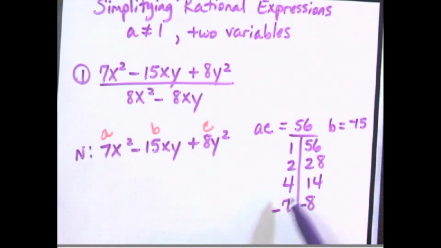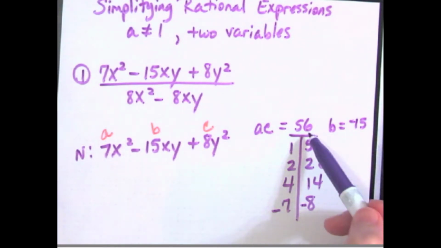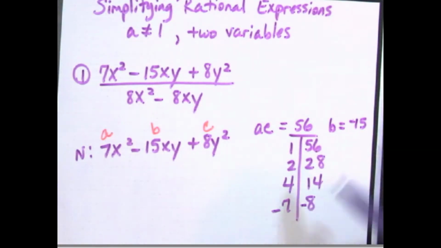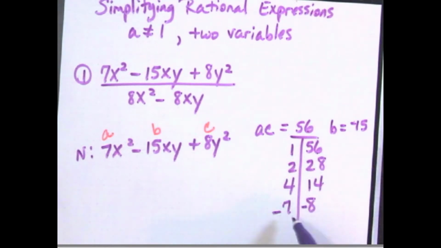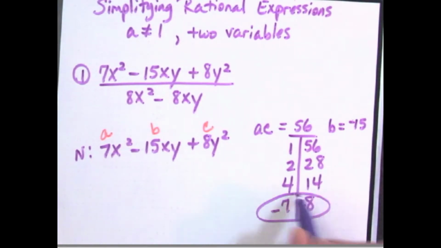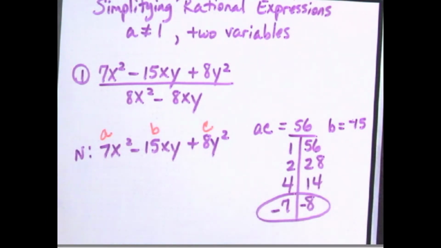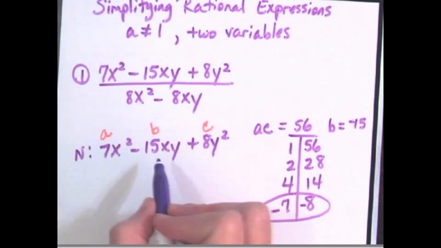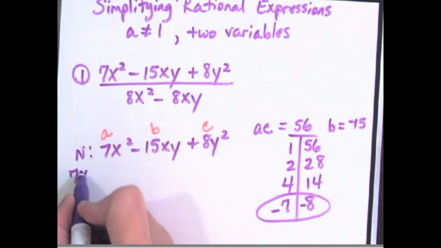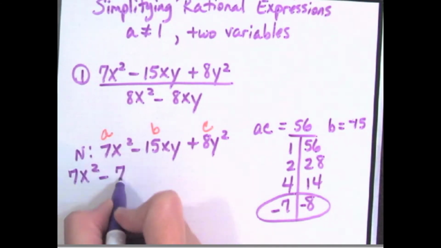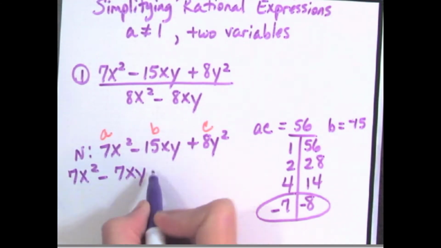So let's see. Negative 7 times negative 8 is positive 56, and negative 7 plus negative 8 is negative 15. So this would be our correct combination. The others aren't going to give us negative 15. So this is what we replace our middle term with, and that gives us the 4 terms we need to do factor by grouping.